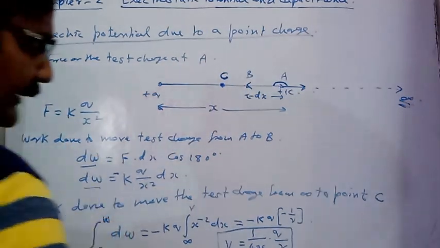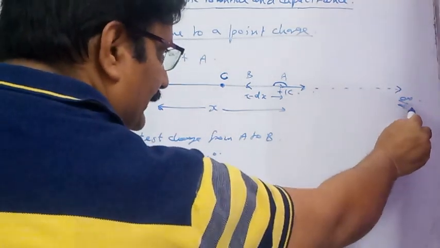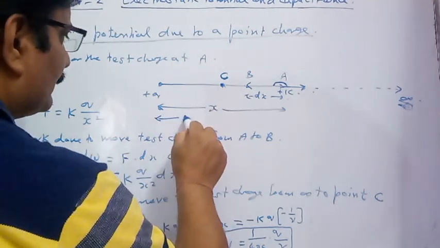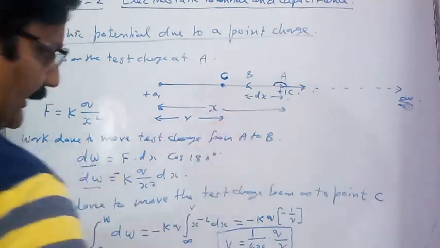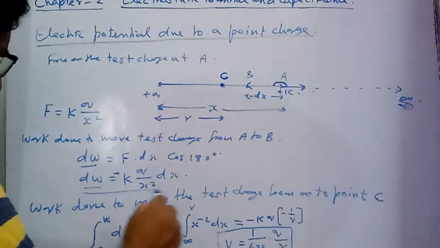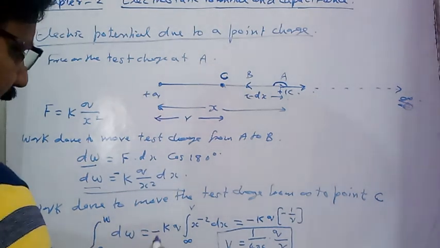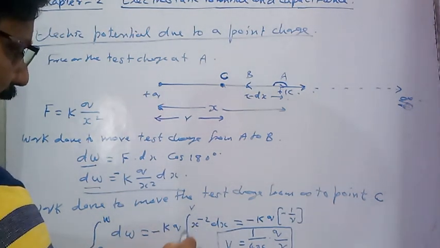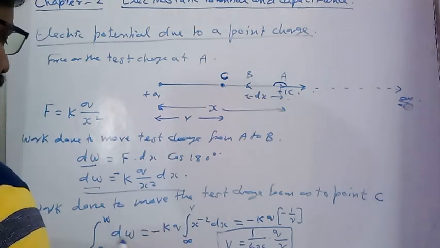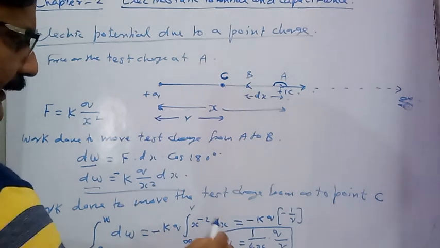It means we have to find the amount of work done to move a test charge from infinity to point C. The distance of point C is suppose R from the source charge. So what can be the work done if we integrate the previous equation, integral 0 to W dW equals minus kq integral infinity to r x to power minus 2, value of 1 by x square can be written x to power minus 2 dx.